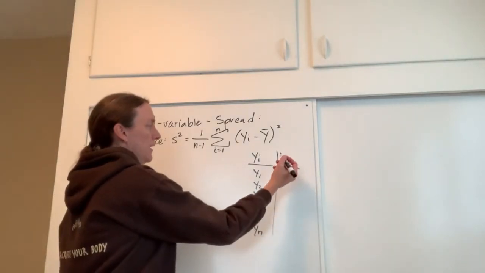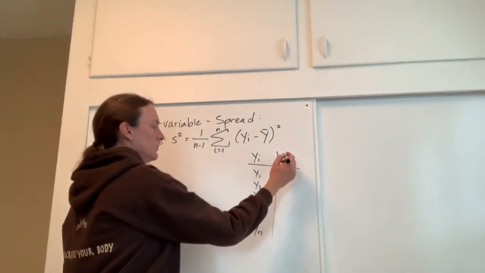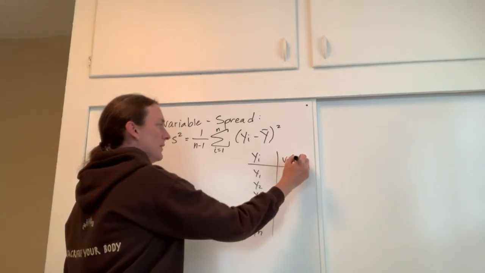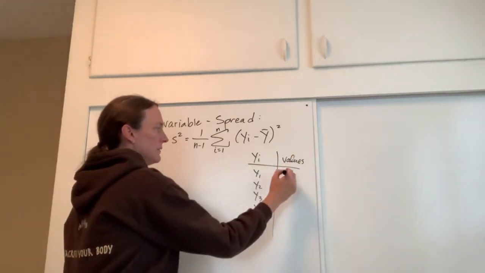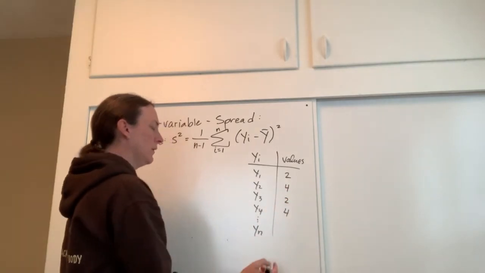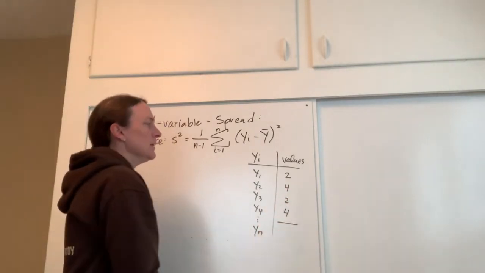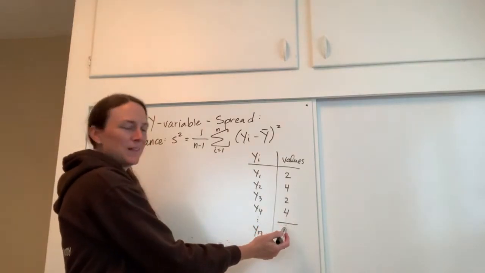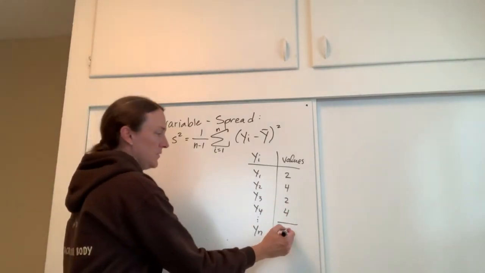Say we have some values for our y variables, and maybe they're things like 2, 4, 2, 4. What I know is that the mean of these is 3.